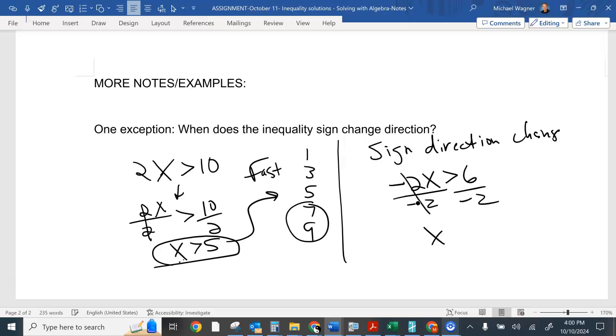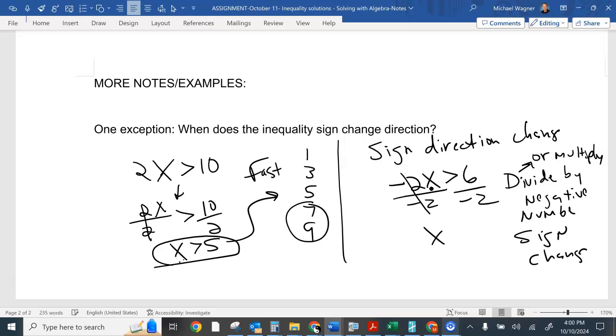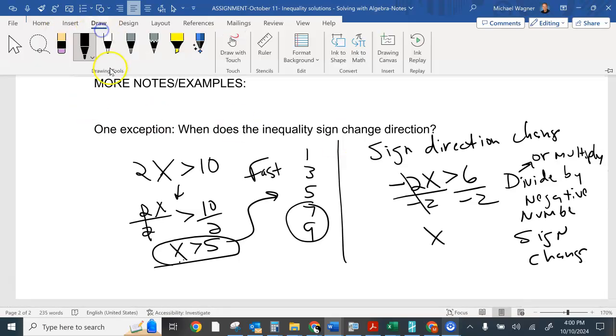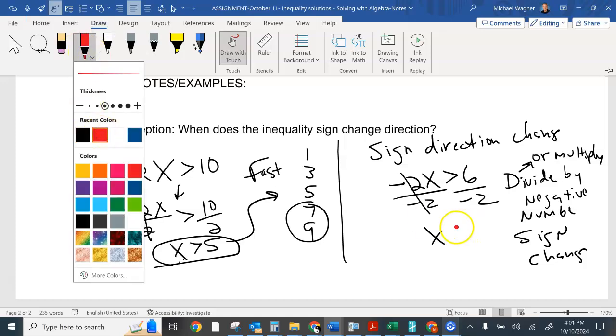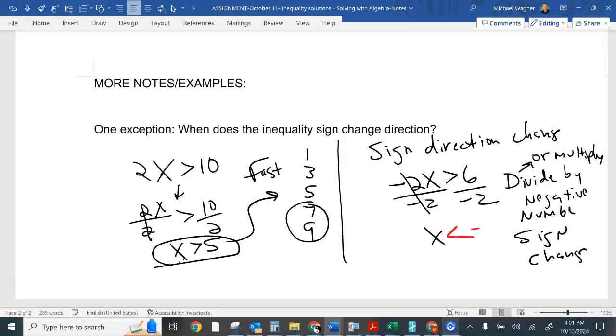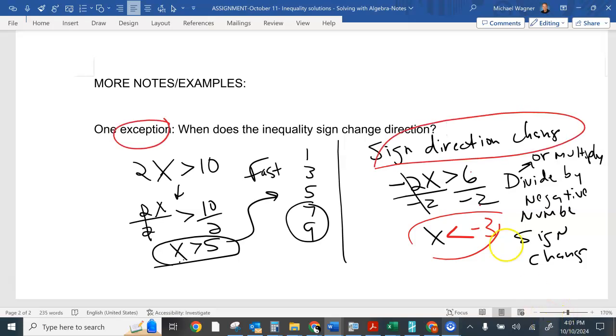And that makes the sign change direction, because you're dividing by a negative number. So 6 divided by negative 2. That is the exception, when you need to change directions.